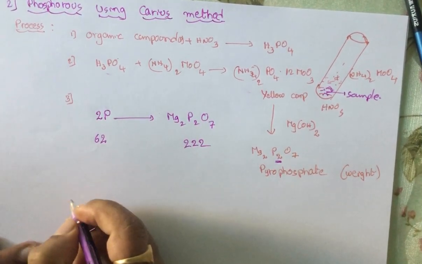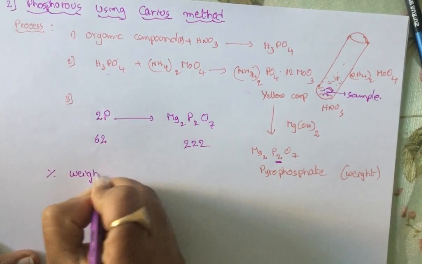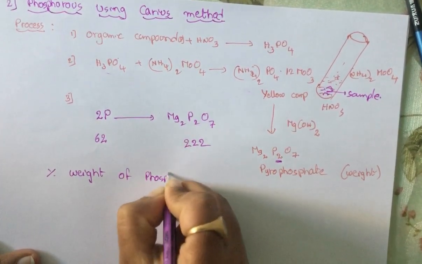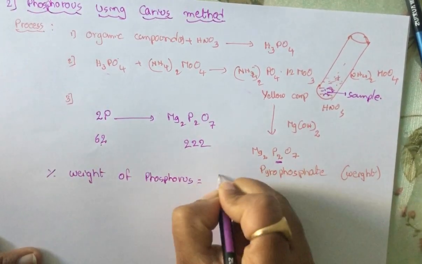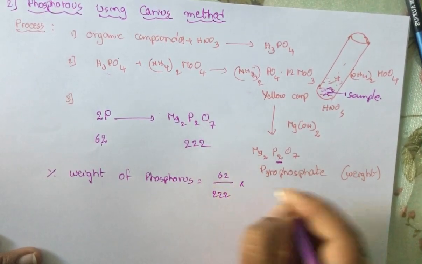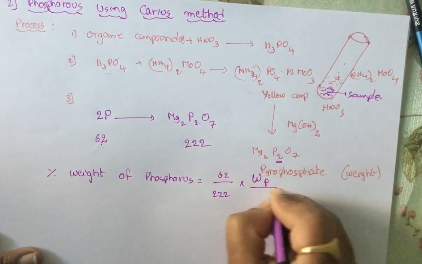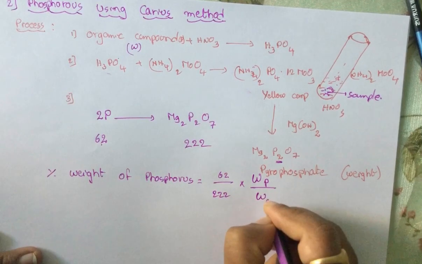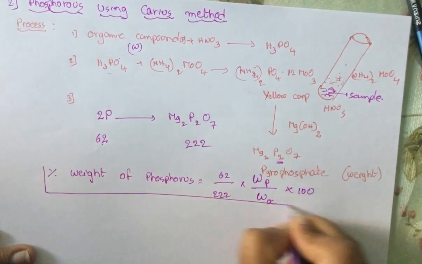Now how can we find the percentage weight of phosphorus? Percentage of phosphorus is equal to 62 divided by 222 multiplied by the weight of pyrophosphate, divided by the weight of the organic compound, W, multiplied by 100.